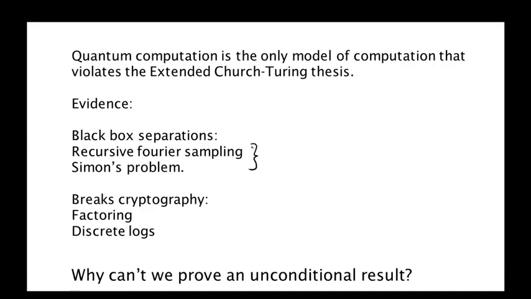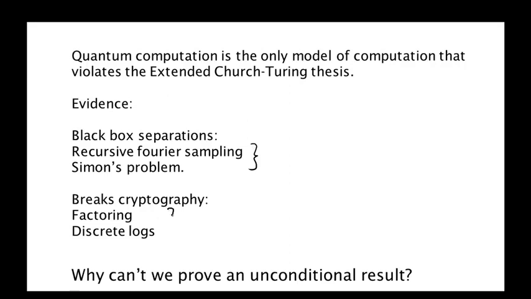We also saw that there are problems that we strongly believe to be difficult classically. In fact, we believe this so strongly that we base cryptography on them. These are problems like factoring and discrete logs.